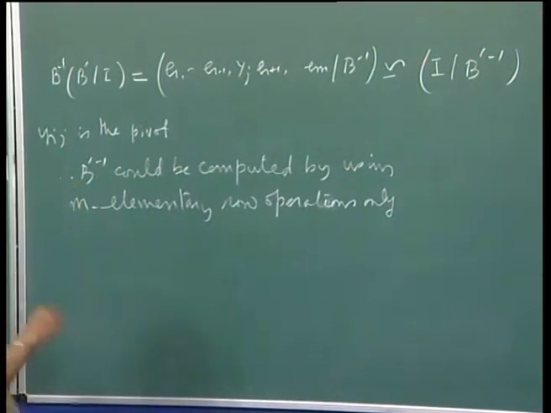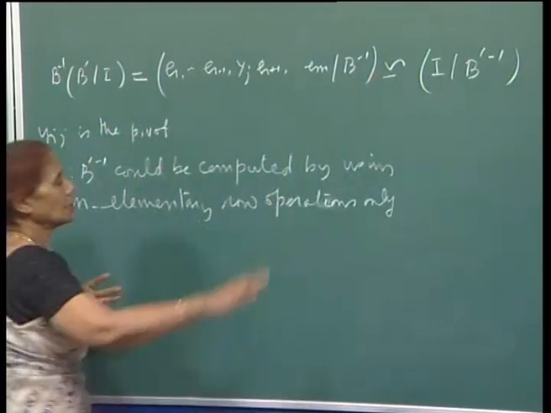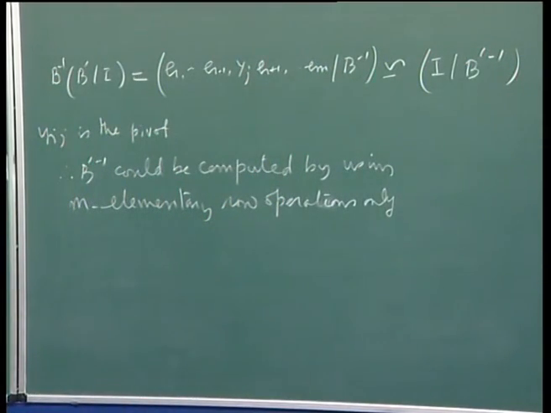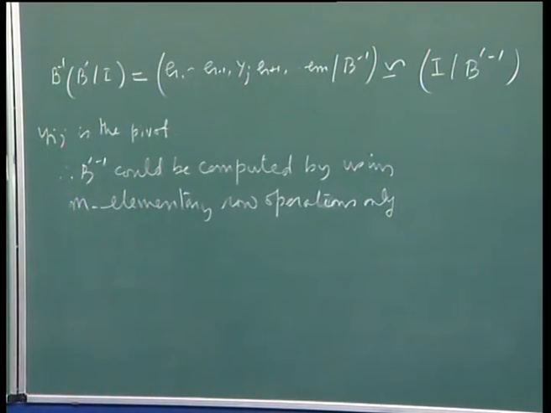Instead of doing it for the whole matrix, we do it for the corresponding columns of B prime, along with B inverse, to get this. So, I have shown you how to go from one basis inverse to another. But then we need a few more computations.